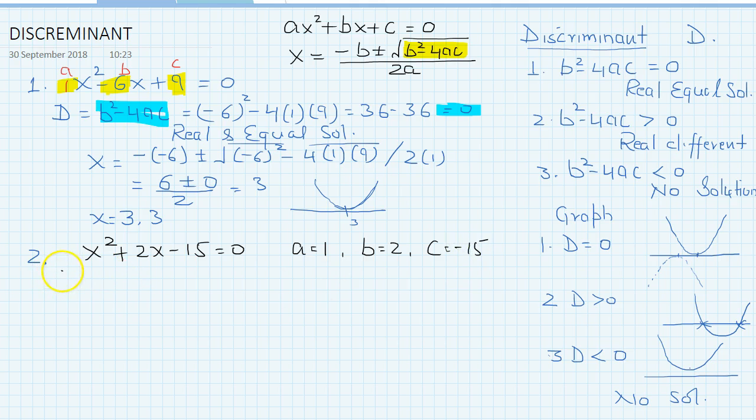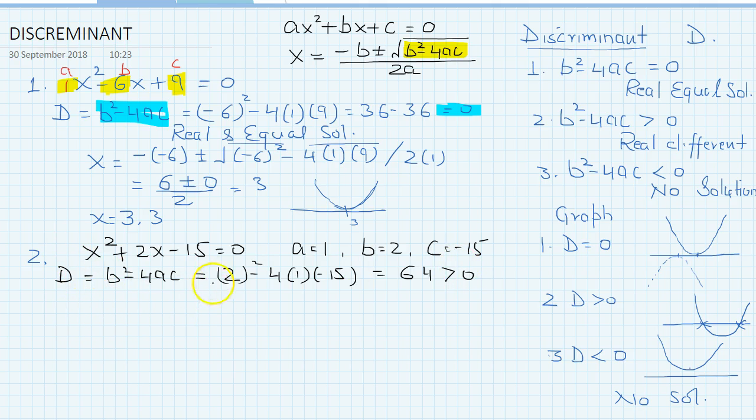So let's find what is the discriminant. D is equal to b square minus 4ac. So b square is 2 square minus 4, a is 1 and c is minus 15. So that is 60 and 4, 64. So this is 64. 64 is greater than 0. So b square minus 4ac is greater than 0. So it has real and different roots.